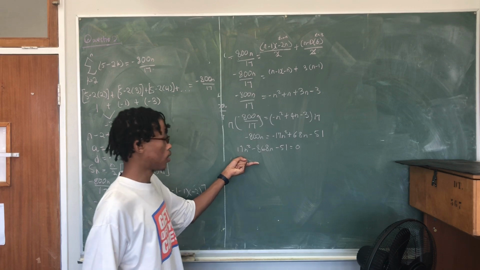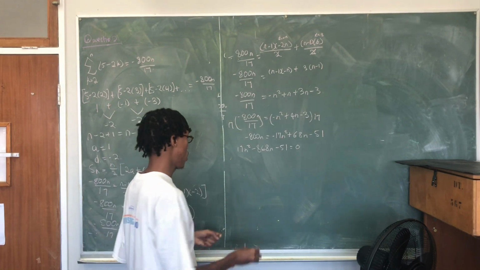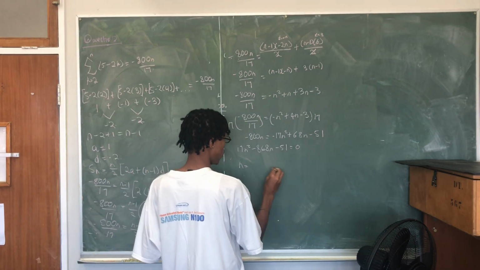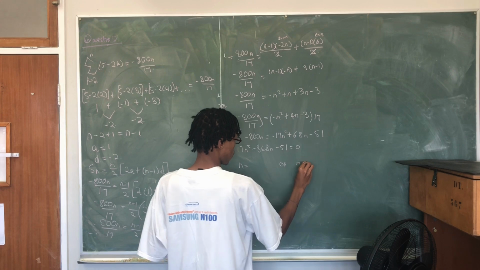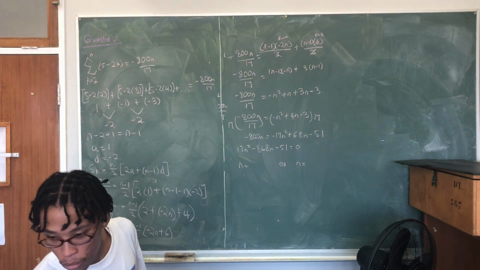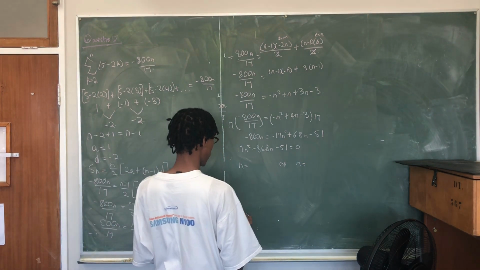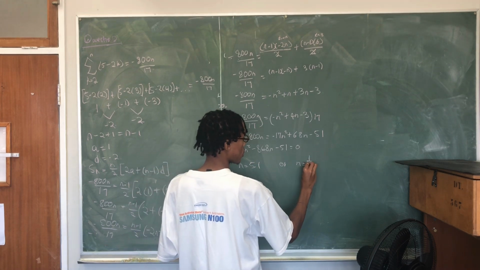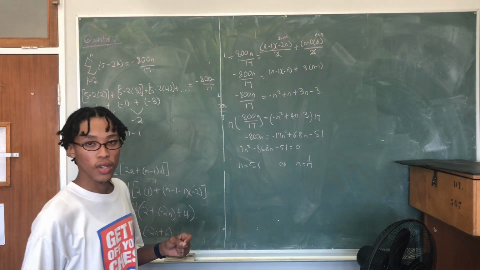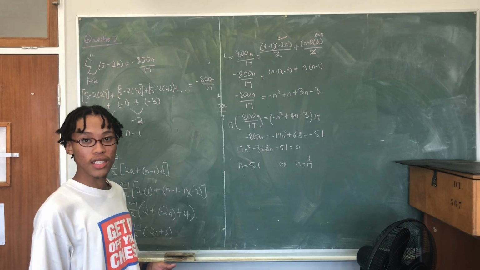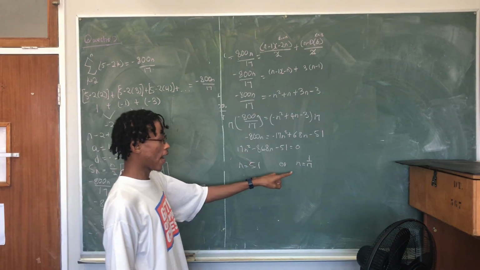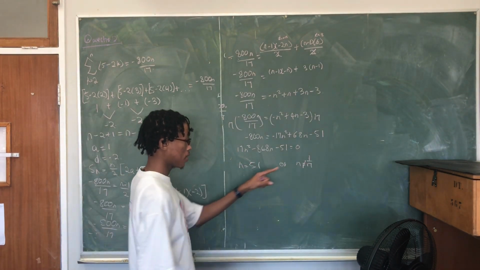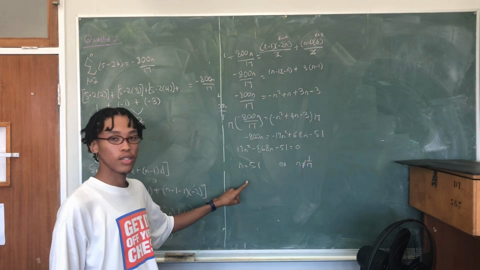From here on, you can use your quadratic formula where you get your n to be 51 and negative 1 over 17. But because we're looking for the number of terms, which is a positive whole number, our n cannot be negative 1 over 17. Therefore, our number of terms is going to be 51.